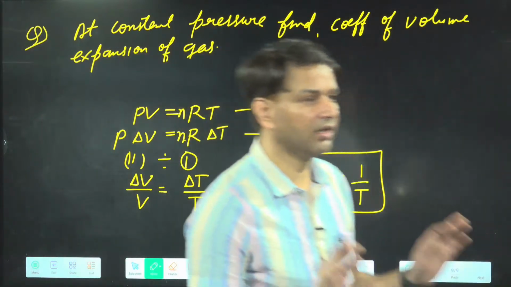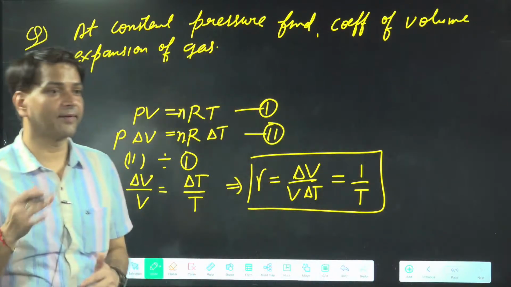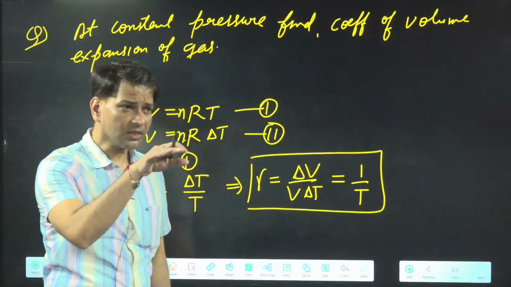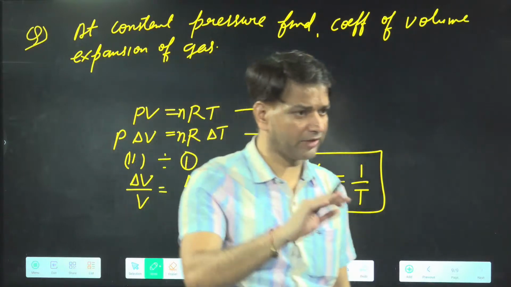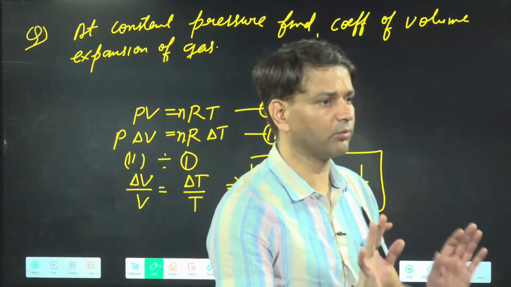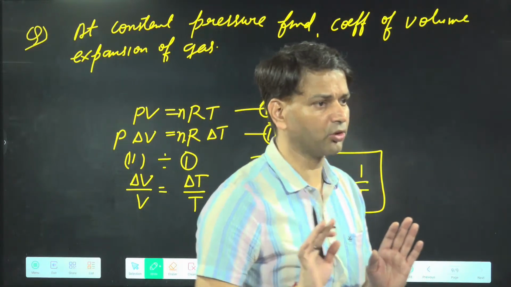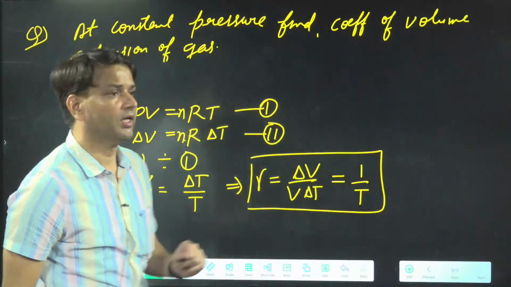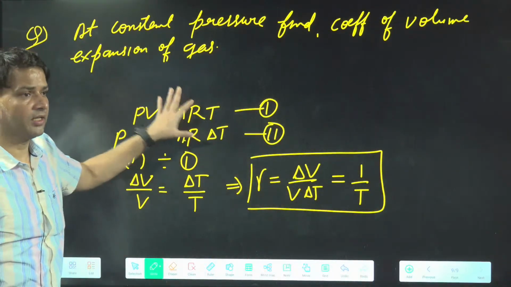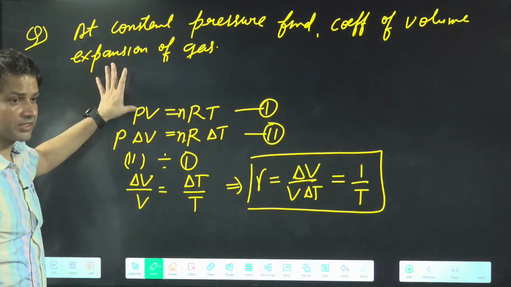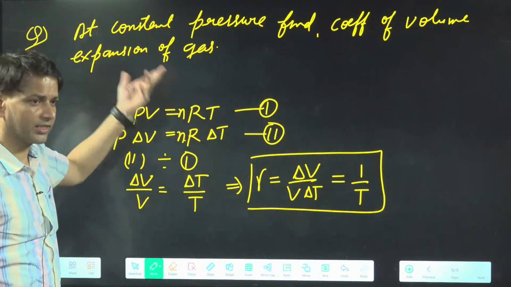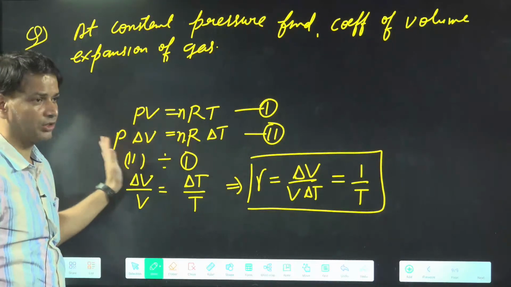What I am saying is that at constant pressure I have to find the gamma of the gas. Gamma of the gas is delta V by V into delta theta, the basic formula: change in volume upon original volume into delta theta. So PV is equal to nRT. At constant pressure, P is constant, R is constant, everybody knows. So I apply the delta on both sides.